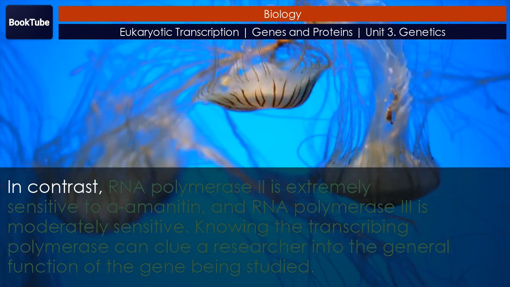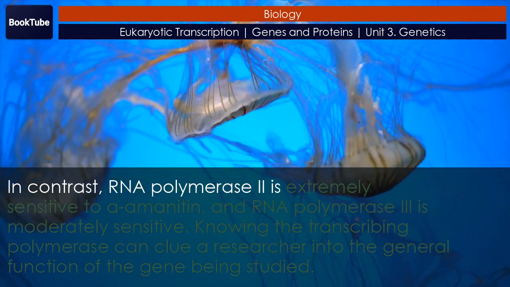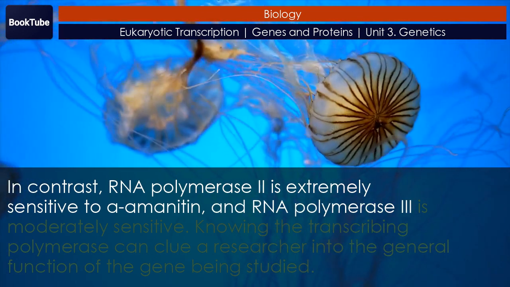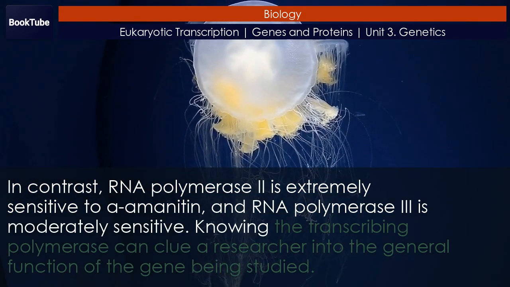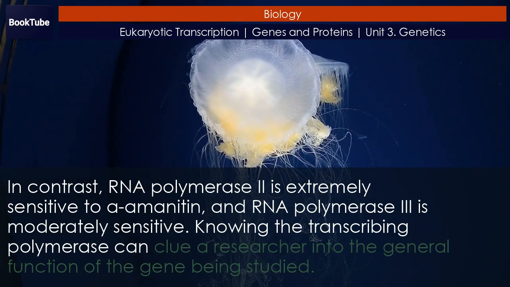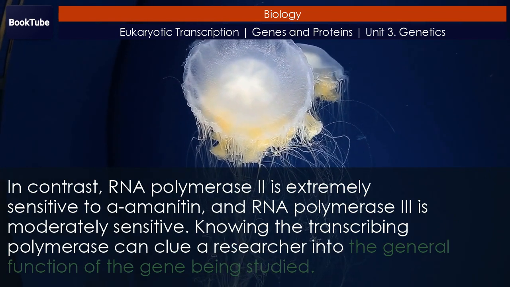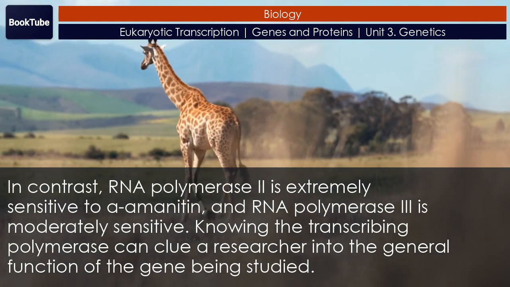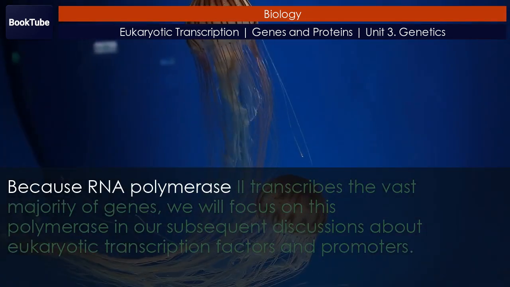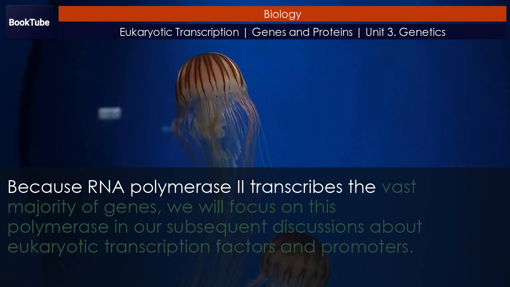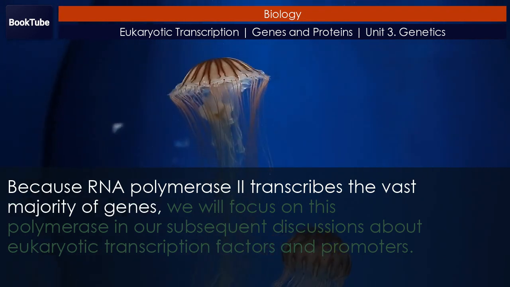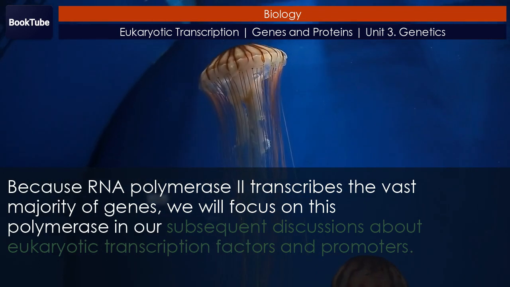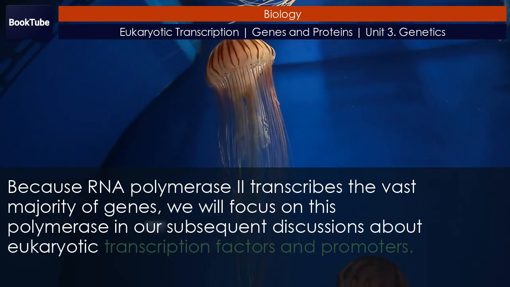In contrast, RNA polymerase II is extremely sensitive to alpha-amanitin, and RNA polymerase III is moderately sensitive. Knowing the transcribing polymerase can clue a researcher into the general function of the gene being studied, because RNA polymerase II transcribes the vast majority of genes. We will focus on this polymerase in our subsequent discussions about eukaryotic transcription.